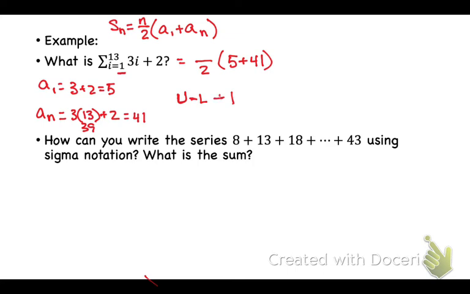Upper is 13. Okay, 13 minus the lower, plus 1 gives you 13. Again, guys, if you start at 1, it will always be the upper limit. But we don't always start at 1. Alex, please quit doing that.